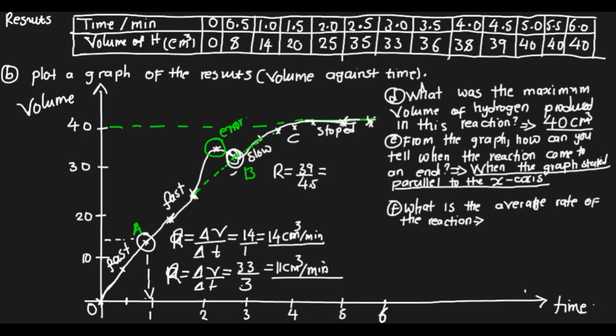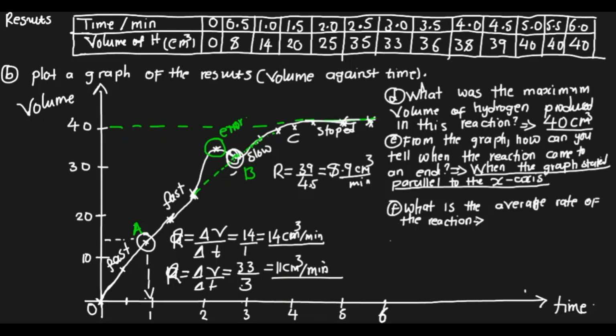If we divide 39 by 4.5, I'm getting almost 8.9. So we can see how the speed has decreased. At this point, 8.9 cubic centimeters of hydrogen was produced per minute.